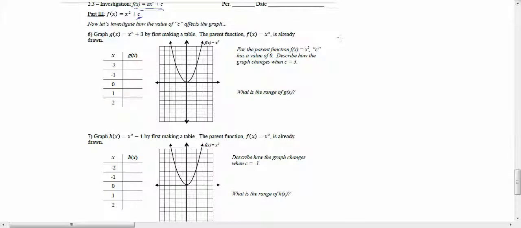So if my function is defined as g of x equals x squared plus 3, and I want to figure out what g of negative 2 is, that's simply negative 2 squared plus 3, which is 4 plus 3, which is 7. So this would be 7.